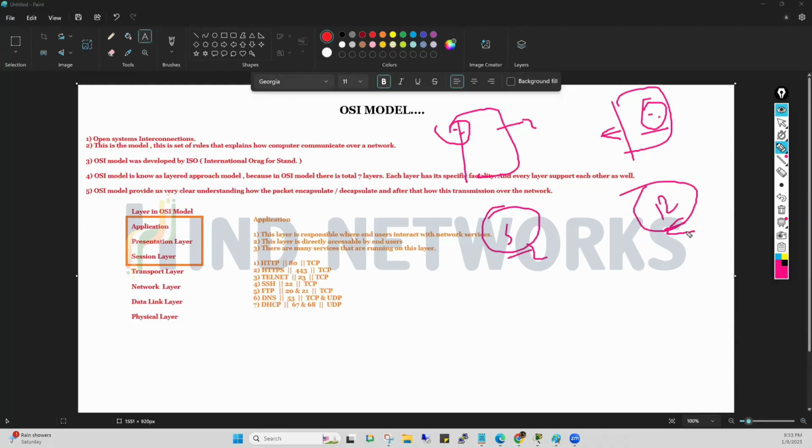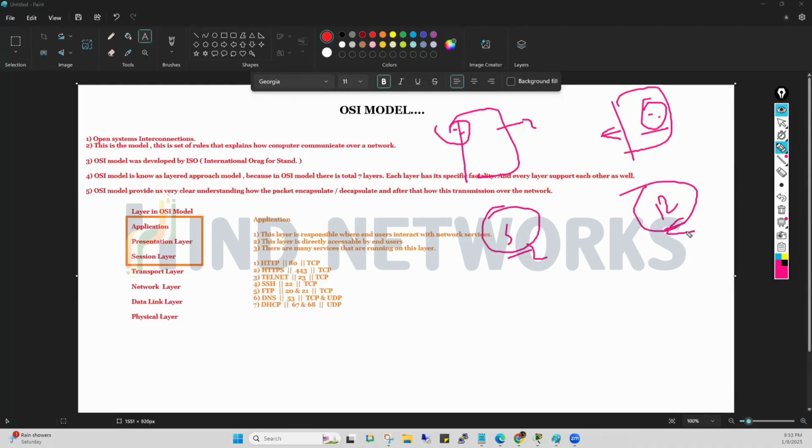Yes, Telnet must provide integrity. See, whatever application is using TCP, definitely it provides integrity, because I will tell you in a very detailed way when I teach you layer number 4.